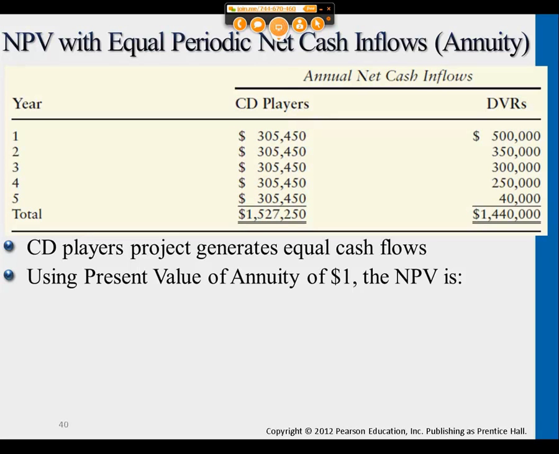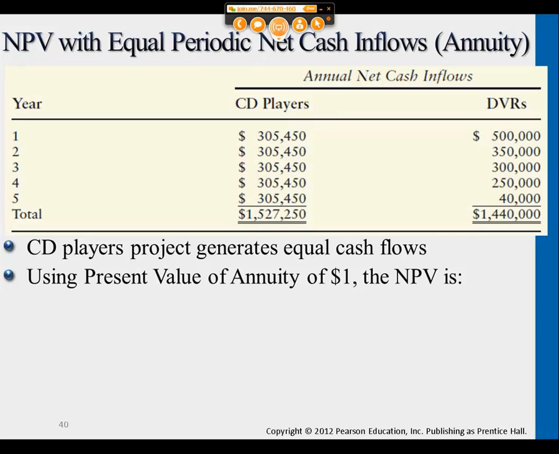If we're just looking at the column of CD players, we see that that project is going to generate $305,450 at years 1, 2, 3, 4 and 5, right?